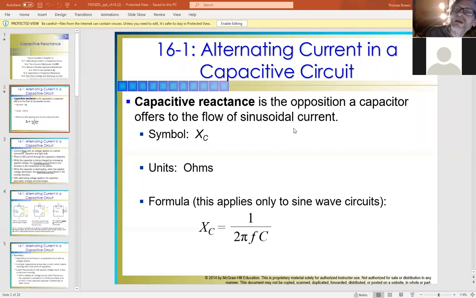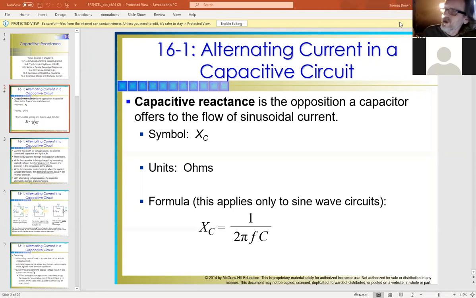Capacitive reactance is a measurable quantity we look for in AC signal analysis. Here's the classic definition: it's the opposition of a capacitor to the flow of sinusoidal current.